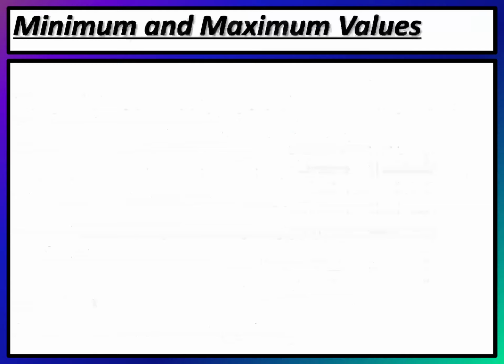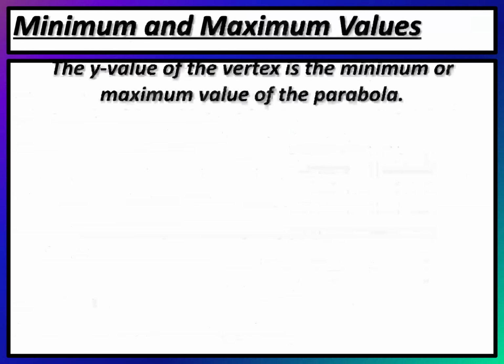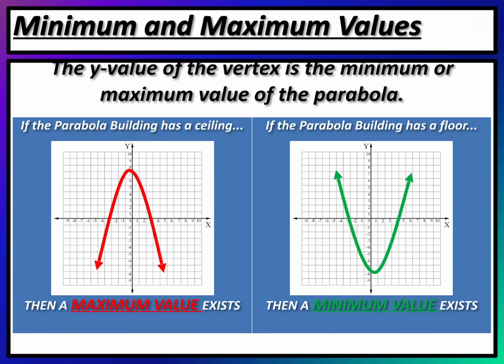Okay, the very last component here, the characteristic, before we get into graphing, is the minimum and maximum values. So the y value from the vertex, it's very specific because remember the vertex is the highest or the lowest point of the function. So the y value from the vertex is the minimum or the maximum, depending on which way the parabola opens.